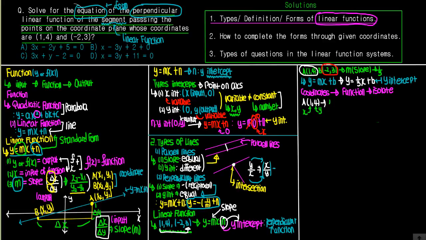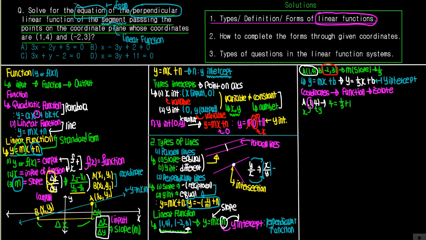So 4 is equal to 1/3 x plus b. The x value we are inputting is 1, and 1/3 times 1 will just be 1/3. So our full function will be 4 is equal to 1/3 plus b.